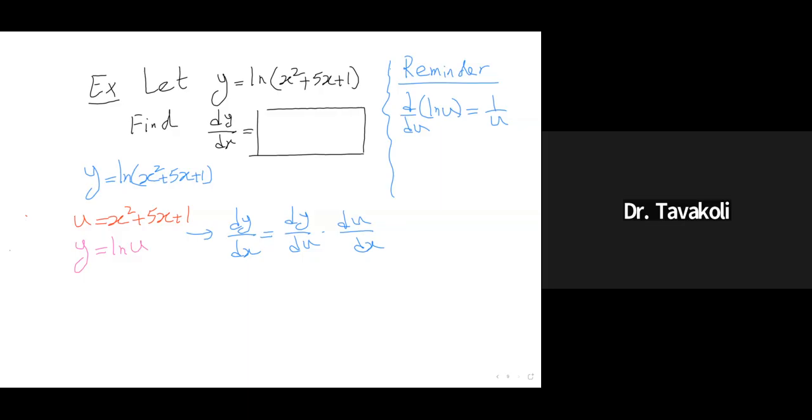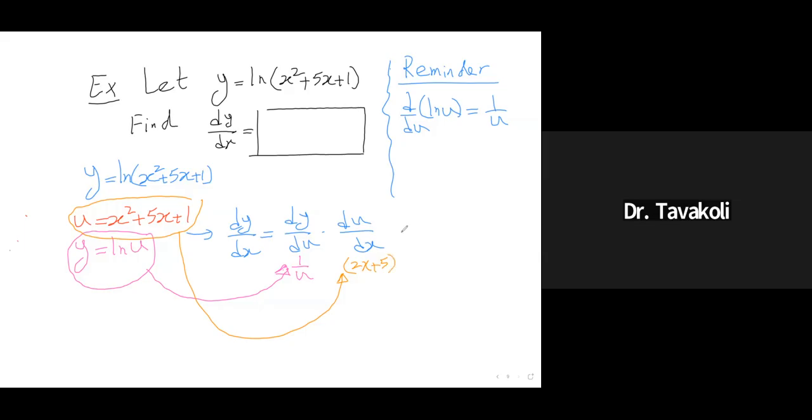For this part, the derivative of ln of u is 1 over u by that reminder that you see on the upper right corner of the screen. And the derivative of x squared plus 5x plus 1 is 2x plus 5.